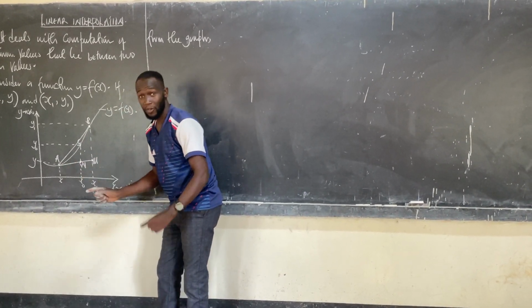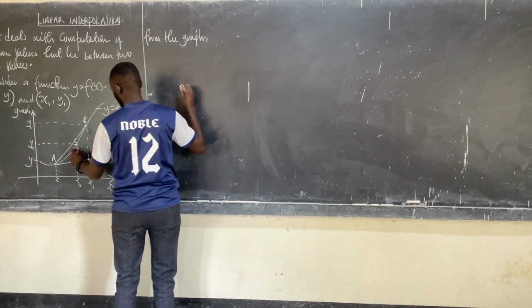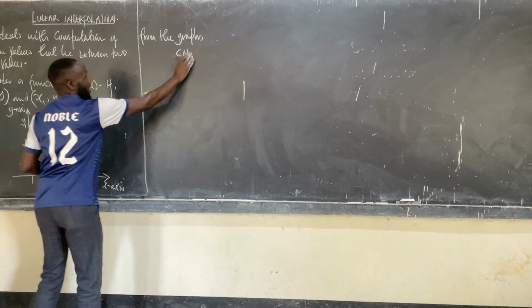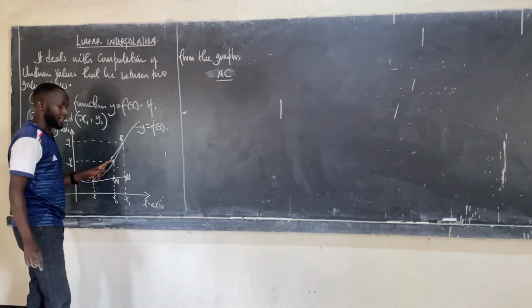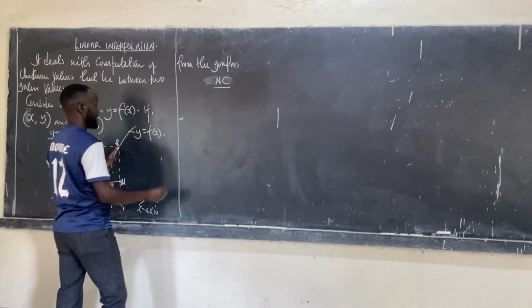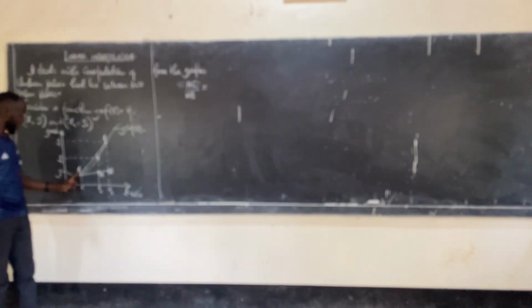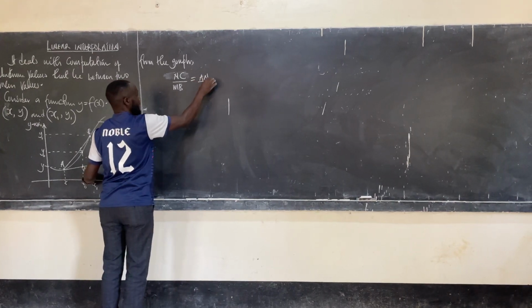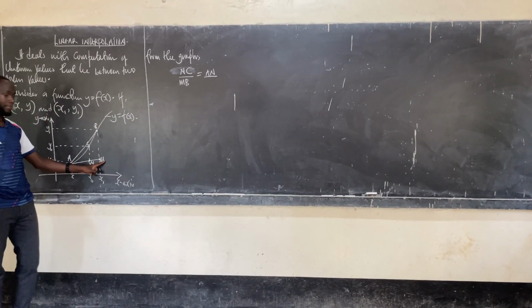So we are going to use similarity of figures. When you have this, we shall have CN, or somebody can possibly say NC, divided by MB is equal to AN divided by AM.